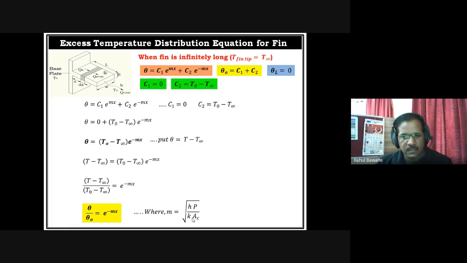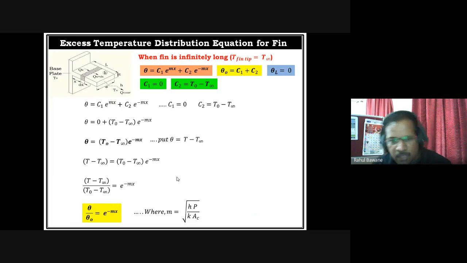At the beginning I told you that I will explain why we put m square. For the operator we put D square equal to d square by dx square, but for hp upon kA we put m square.